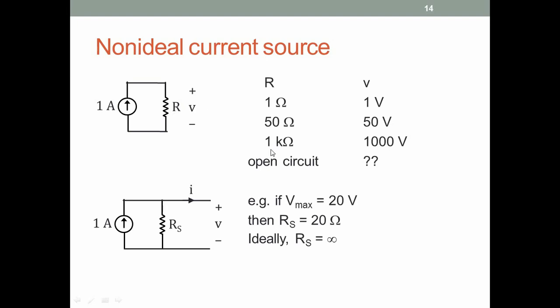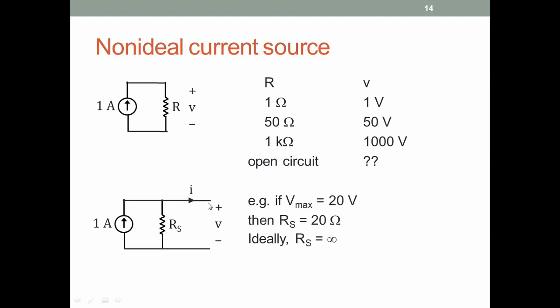Now, if you want to represent a real or non-ideal current source, how shall we do it? What will a non-ideal current source do? Even when it is open circuited, the voltage across it will not go to infinity. It will be finite. The way we represent this is by connecting a resistance in parallel with the current source.